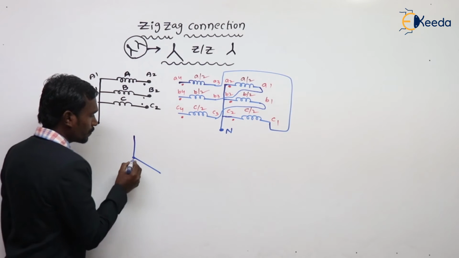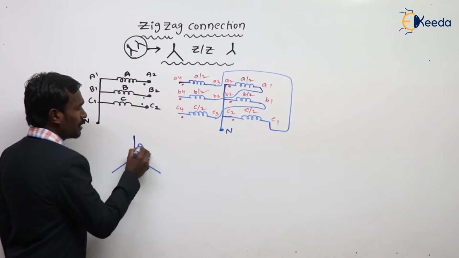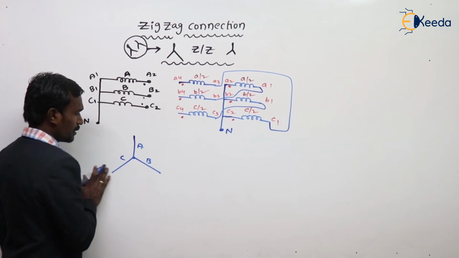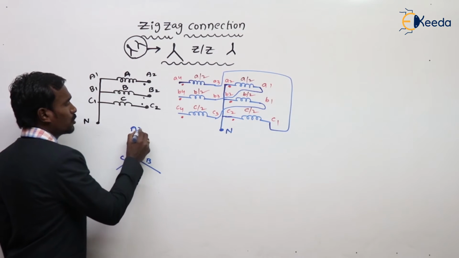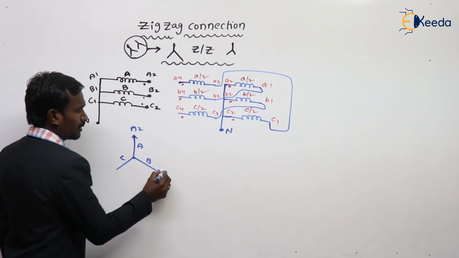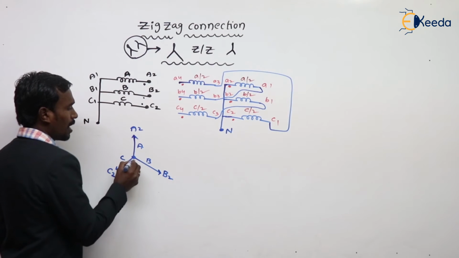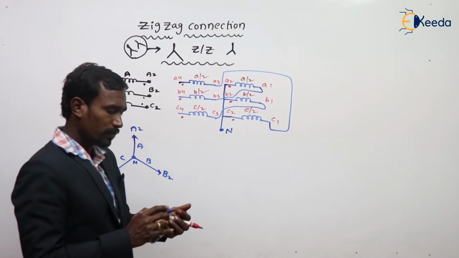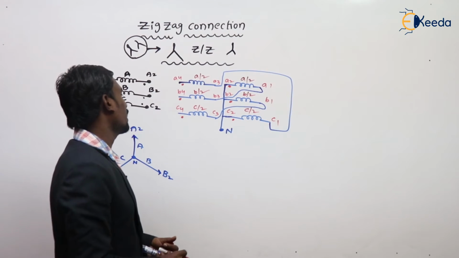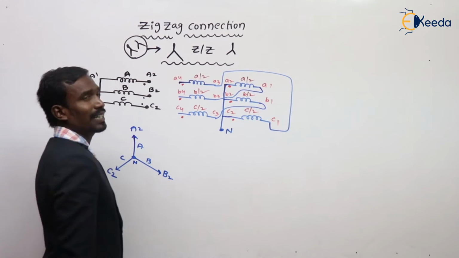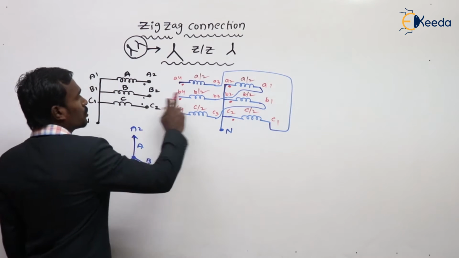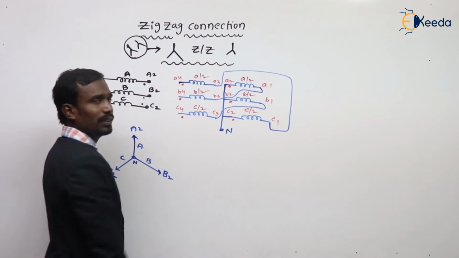Draw the arbitrary star. This is A, this is B, this is C, this is A2, and this is B2, and this is C2. This is the arbitrary star. Next, draw the vector diagram for this zigzag. I said these two are in series subtractive manner.